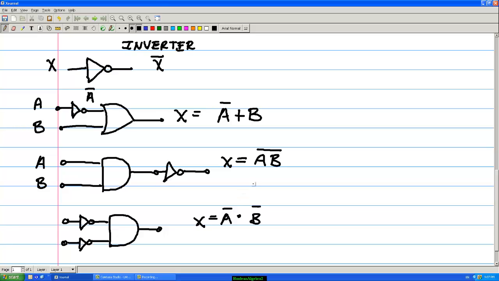These are not equivalent. In this case, A and B are inverted first and then fed through the AND gate. And in the first case, the one above that, we had A and B, and then they were both inverted. So those two are not equivalent.